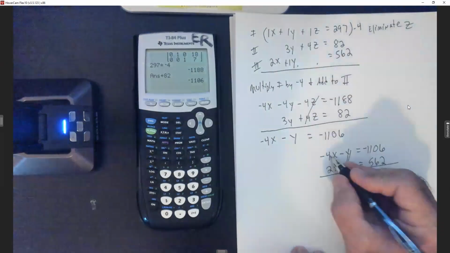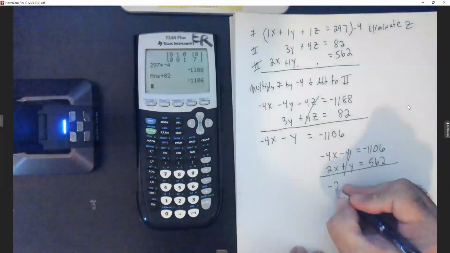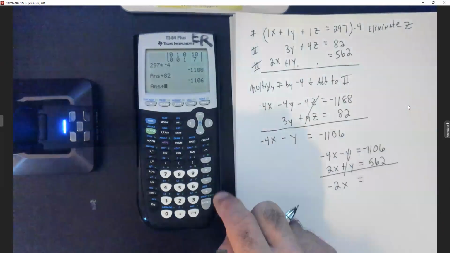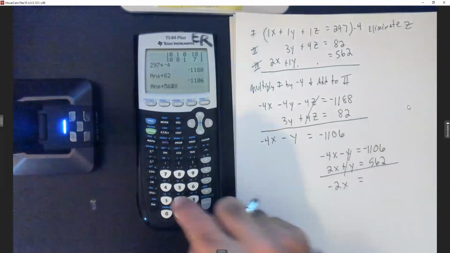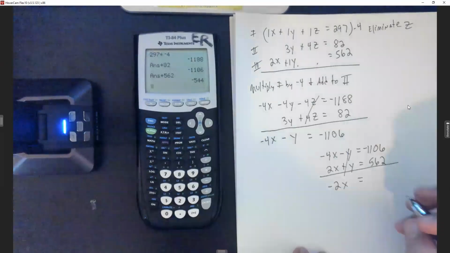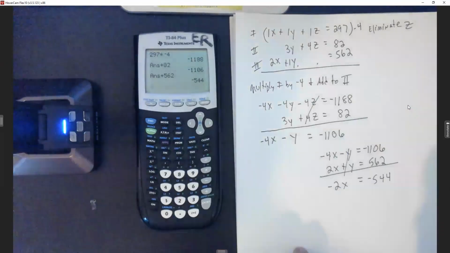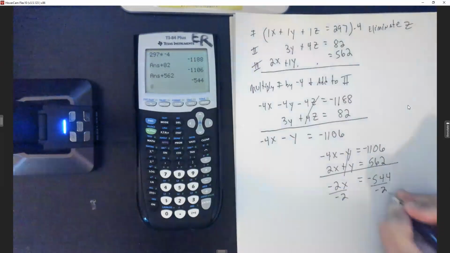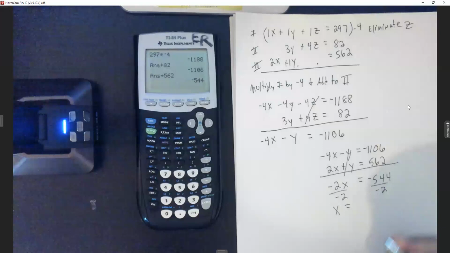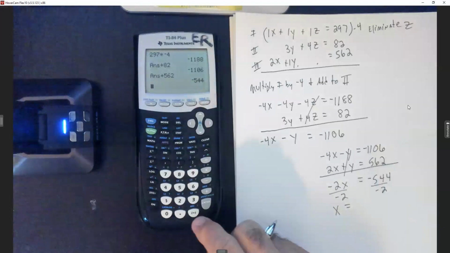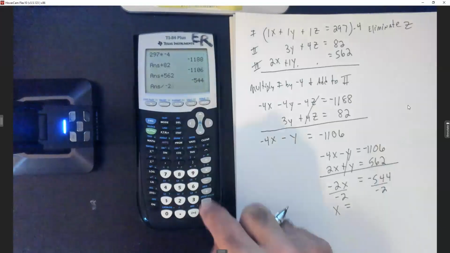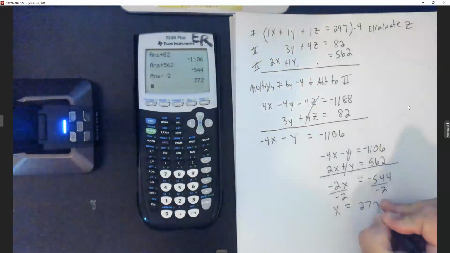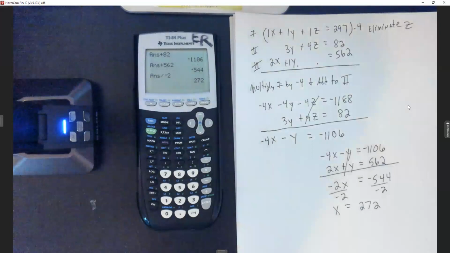So negative 4 and 2 give you negative 2x. Negative 1,106 plus 562 will give you a negative 544. All right, remember last step, divide by negative 2. So that x, which is my eggs, let's divide that by negative 2. I get 272. So I can't remember what I got on the calculator. Let's arrow up and see.